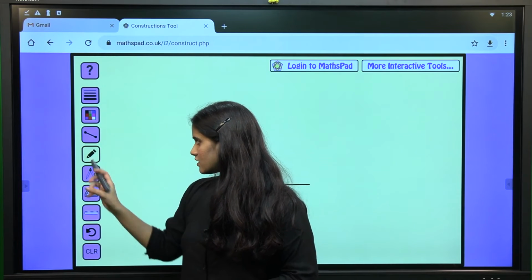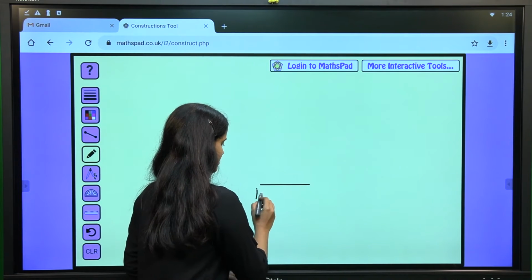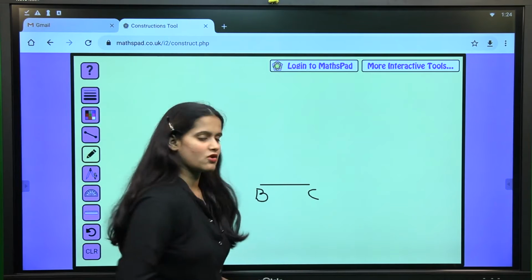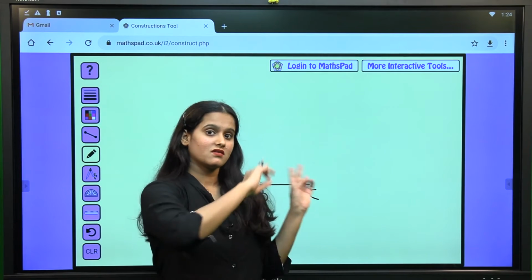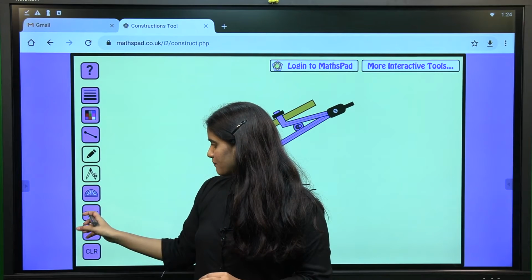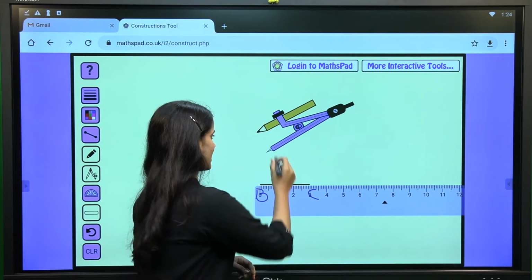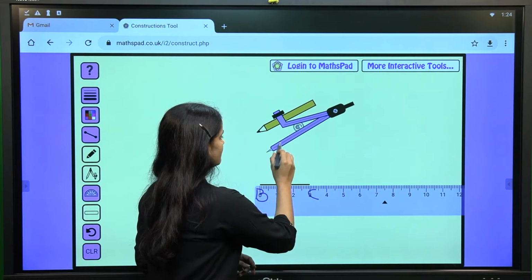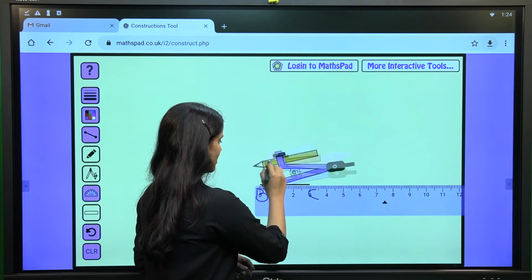So, I will just name it here as BC. Next step was construction of AB and AC. So, for that let me take a compass and a scale once again. Now, if I take 1 centimeter measurement for construction of AB.